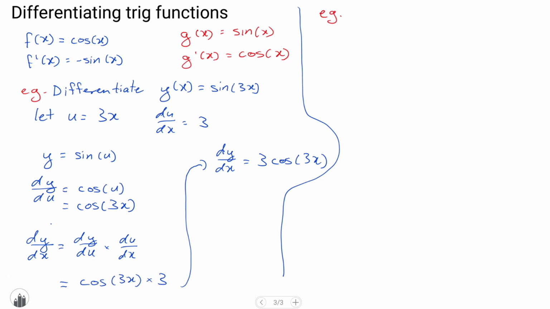Here in this example, we've got some function f of x equals cosine of x squared. So what I want you to do is to have a go at trying to differentiate this by yourselves for a moment, and we'll come back in just a minute.